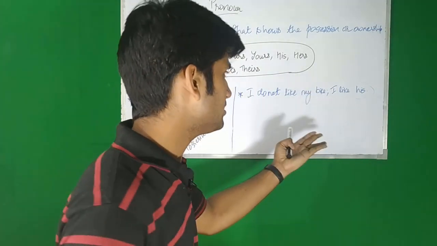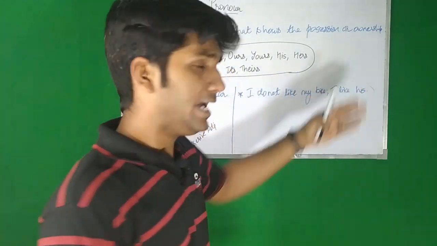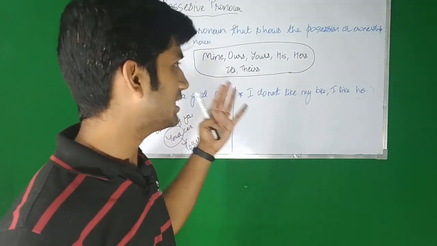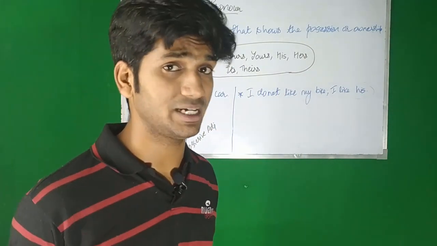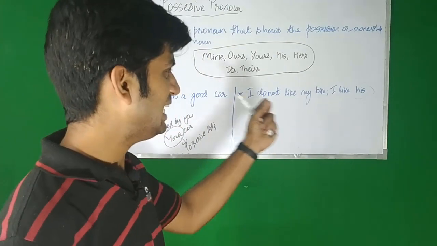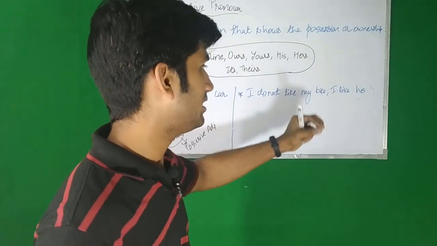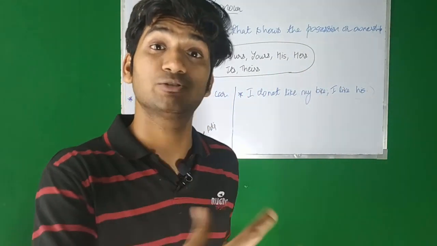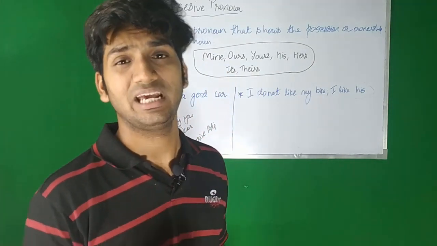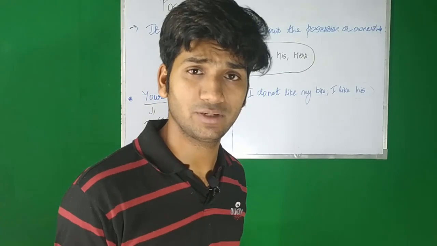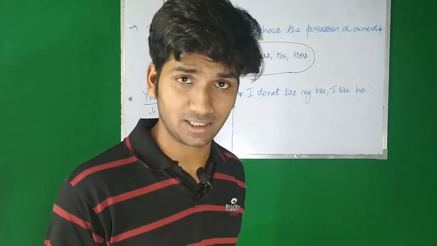No, his means the bike owned by him. I can write, I do not like my bike, I like his bike, but I don't need to, because his is a possessive pronoun here. It itself means his bike. If I write his bike here, his would become a possessive adjective.